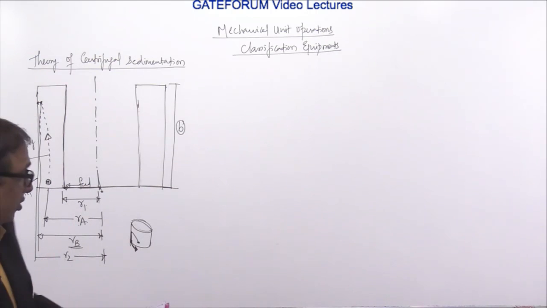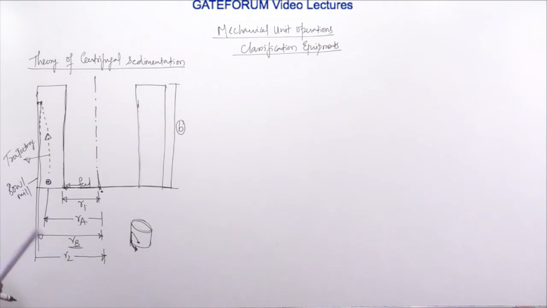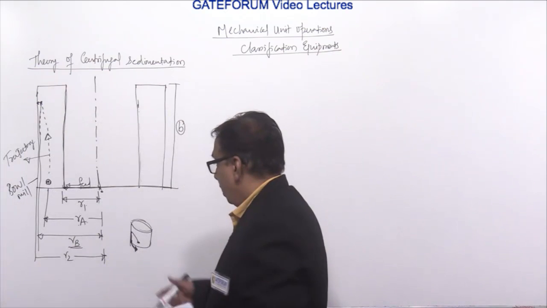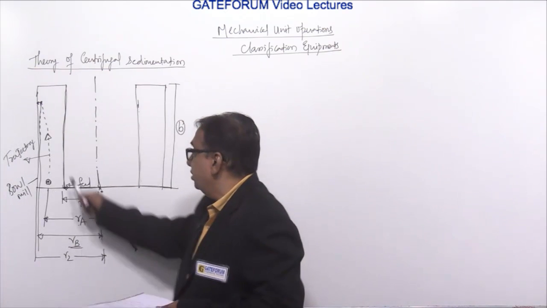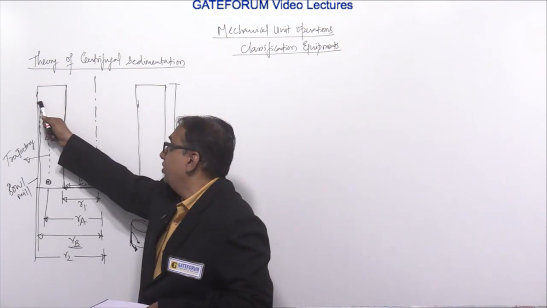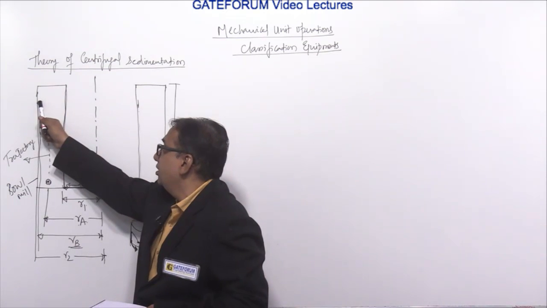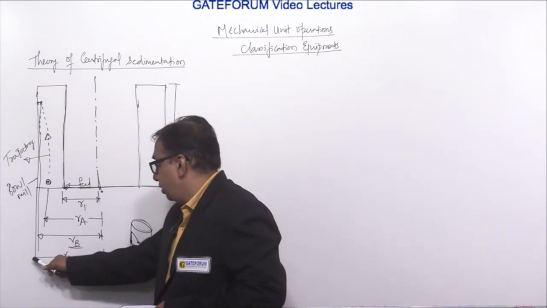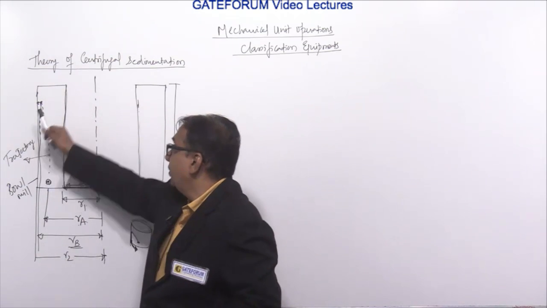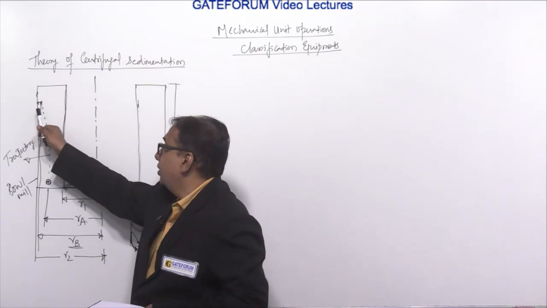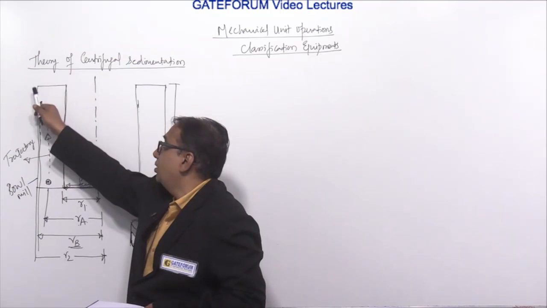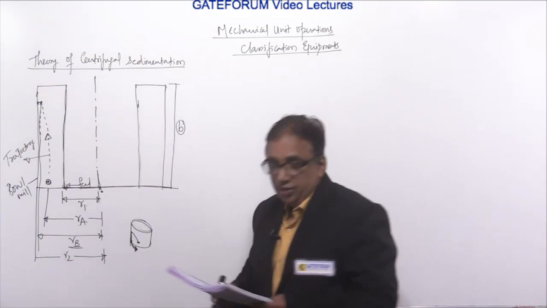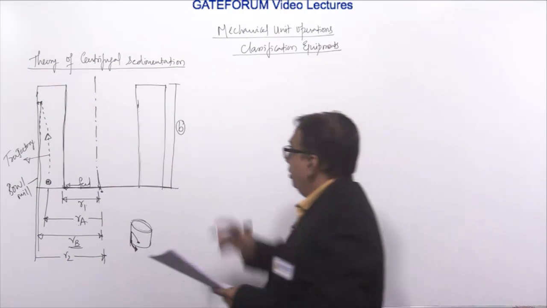That is the beautiful concept of centrifugal sedimentation. Are you clear now what we are talking about? RA, RB. RB is the final point. Once it reaches here, it will strike the wall and come out. Then R2 is the final. If the particle reaches R2, we'll see what exactly it means.